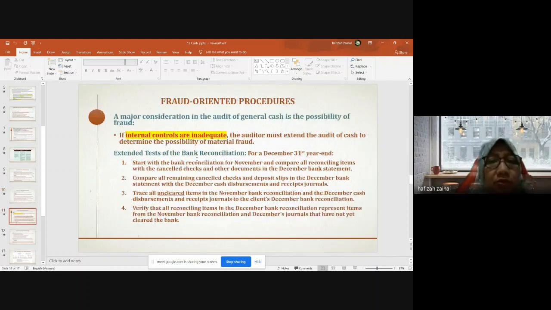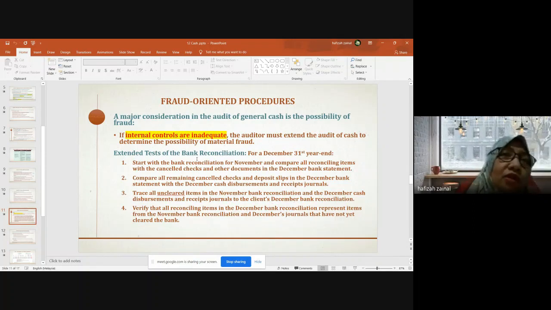Basically, how could fraud happen? If you read about the Satyam case in India, Satyam is a company in India that was involved in fraud in its financial reporting.